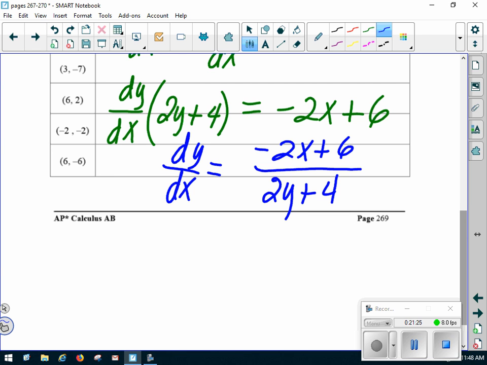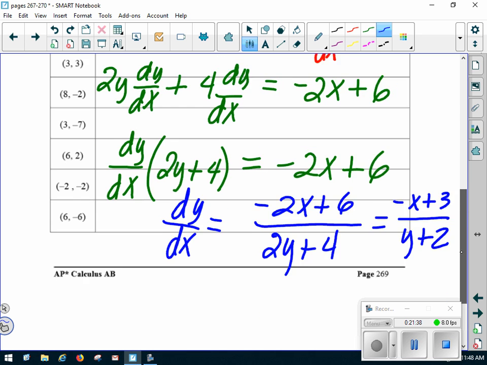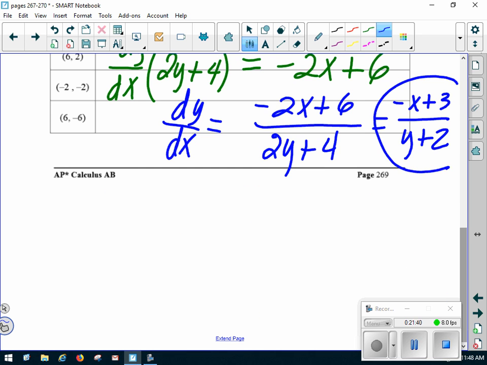We could divide a 2 out of every one of those terms. I say it's good. Why? Because I said so. Do we write the 2? That was a safe stop.